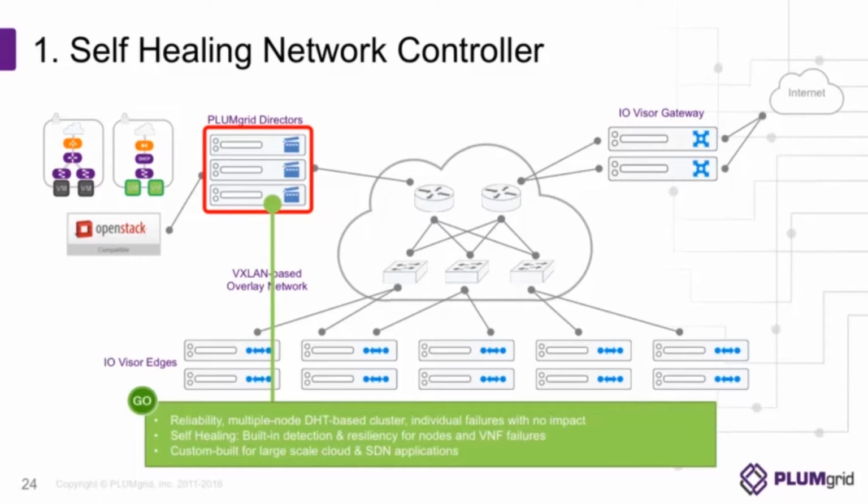Our PLUMgrid Directors are the brains of our operation. That's our control plane. They're based on a distributed hash table, which means that if something goes wrong on one or two of the directors, we have an algorithm that will keep the state and transfer it over to whichever node is still available, or it can keep the node in a degraded state.